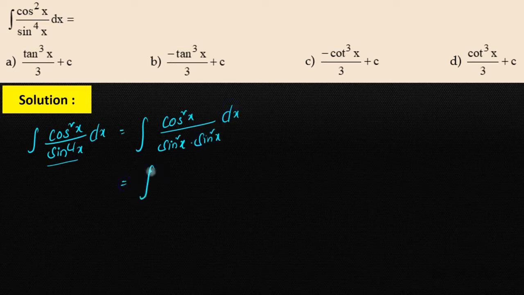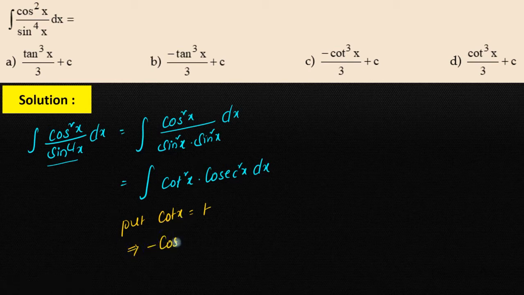This equals to integral, here cos square x divided by sin square x is cot square x, into 1 by sin square x is cosecant square x, dx. Here put cot x is equals to t. Now differentiating on both sides, we know that differentiation of cot x is minus cosecant square x dx is equals to dt.